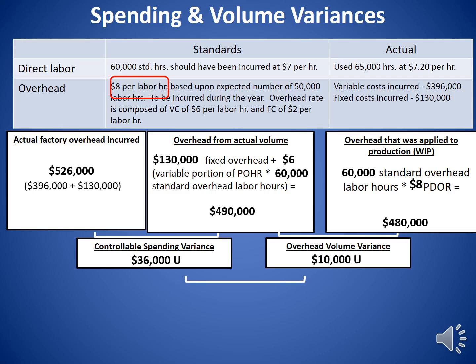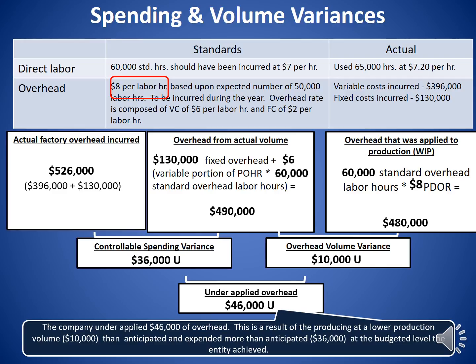So we combine these together, and they come up with our either overhead underapplied variance or overapplied variance. In this case, both of these variances added together would be $46,000 underapplied. What this is saying is the company underapplied $46,000 of overhead, which really means that we spent $46,000 more than we absorbed into work in process.